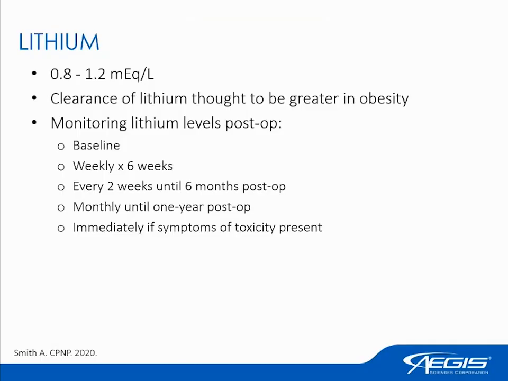So 0.8 to 1.2 milliequivalents per liter is the plasma level, and anything above that, specifically lithium levels that reach 1.5, you're starting to risk toxicity, and lithium can be very dangerous at levels outside of this therapeutic window. Clearance of lithium is thought to be greater in obesity. So when you think about significant weight loss that I mentioned earlier, we're reducing the clearance of lithium.